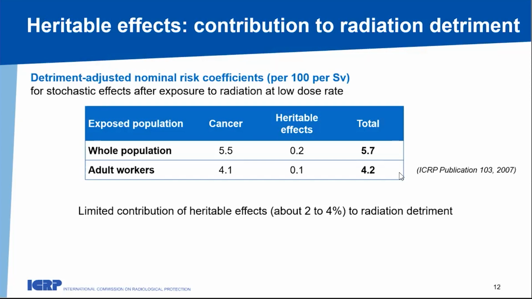And again, in Publication 60, it was 14 to 18%, which was much larger. So there has been a huge change between ICRP 60 and now. But well, we are discussing a value which is very, very small. So do we need to go into much detail? My feeling is that it would be much better to put it somewhere outside of this table, clearly to show that the uncertainty is very large.